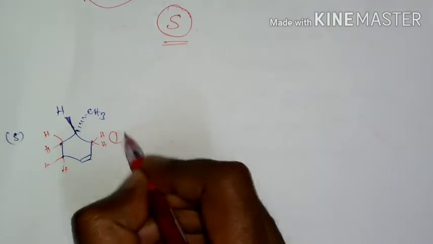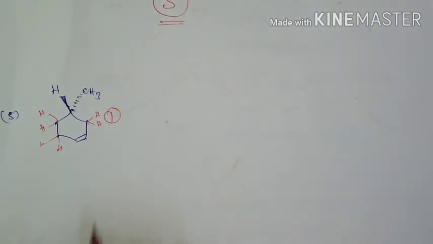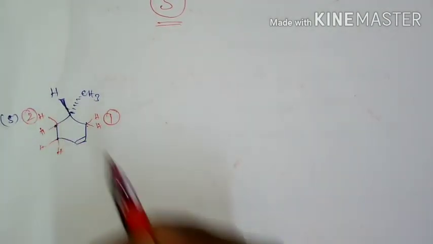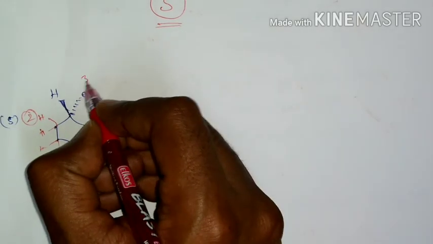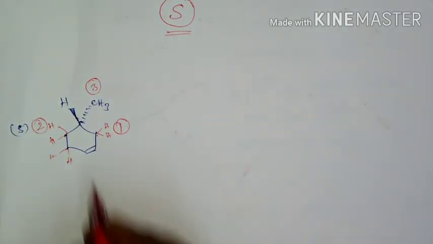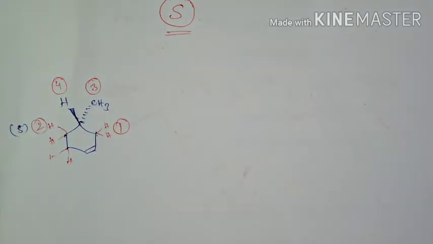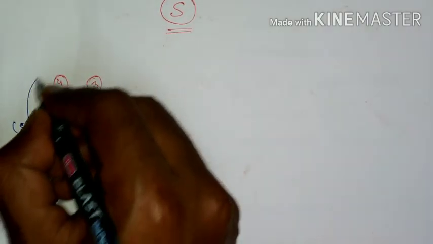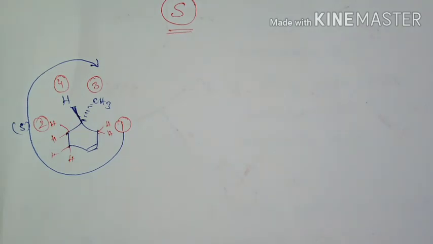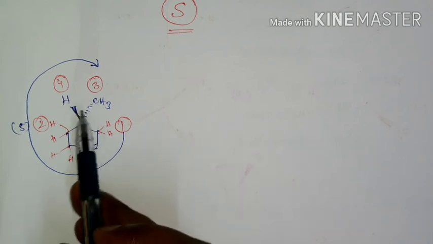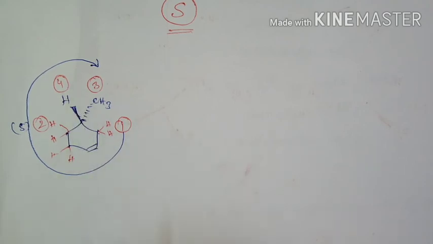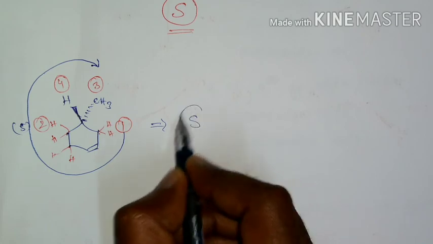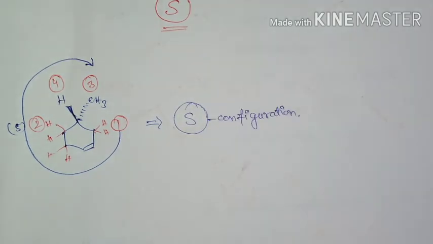So this is going to take first priority, and this carbon is going to take second priority, the CH3 group will have third priority, and hydrogen will take fourth. Now if you see the priority movement, it will be 1, 2, 3. Again it is clockwise movement, but you can see that the fourth group is placed above. Then it is going to have S configuration.